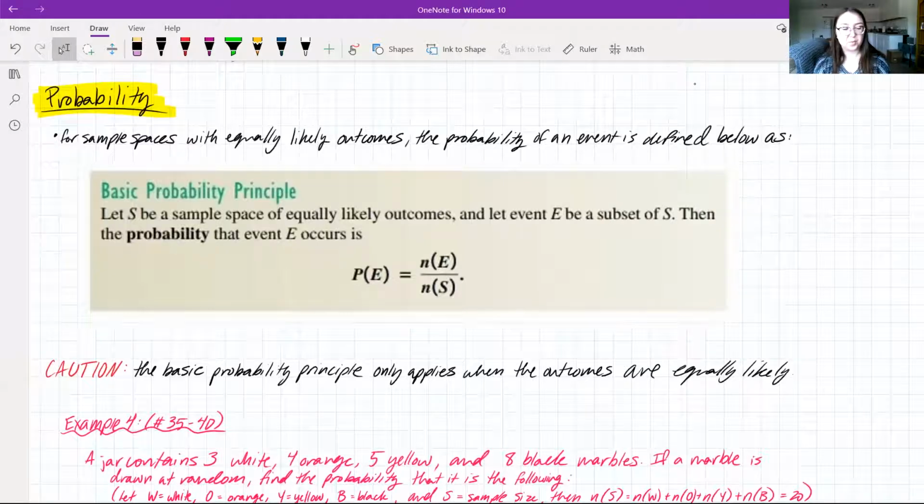All right, so moving on into probability. For sample spaces with equally likely outcomes, the probability of an event is defined below as the basic probability principle.